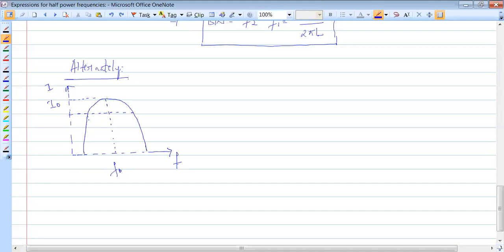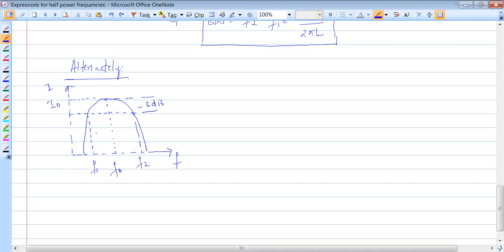Okay, and when you come down by 3 dB, these are the 3 dB points. So when you come down by minus 3 dB, you will find the points f1 and f2, which are called half power points.